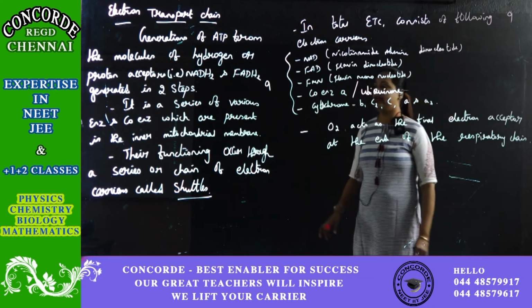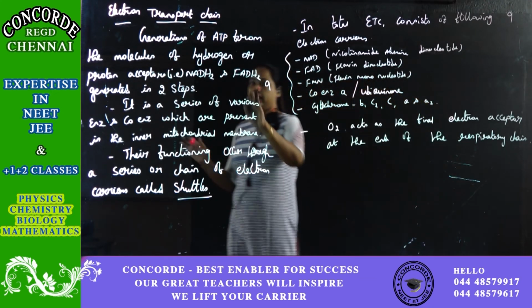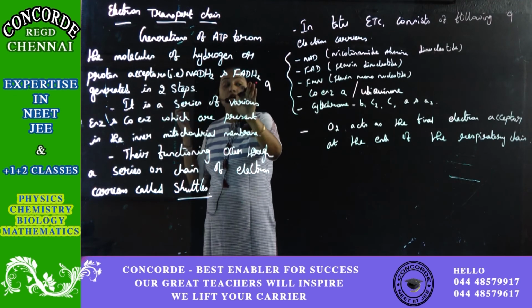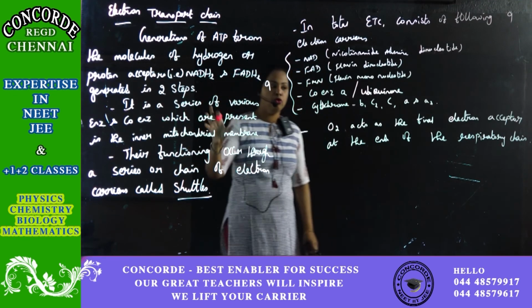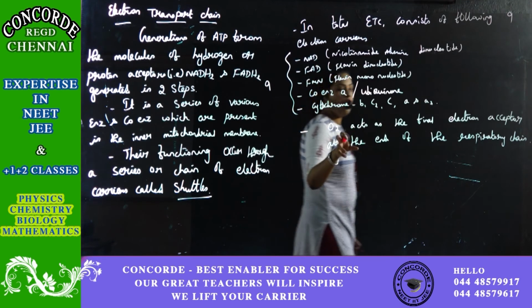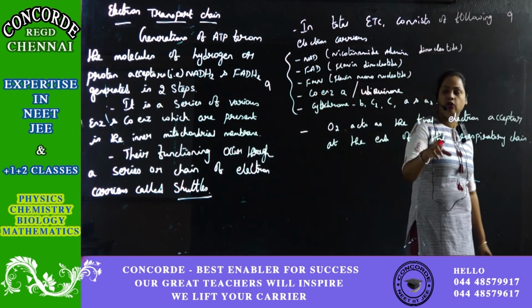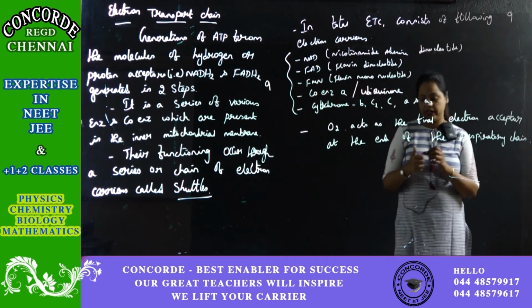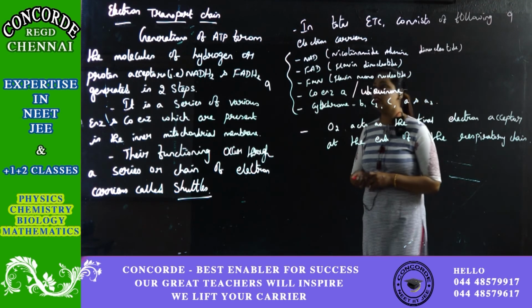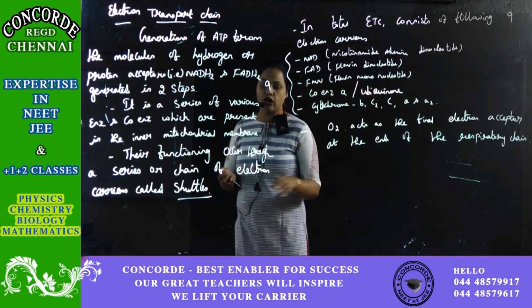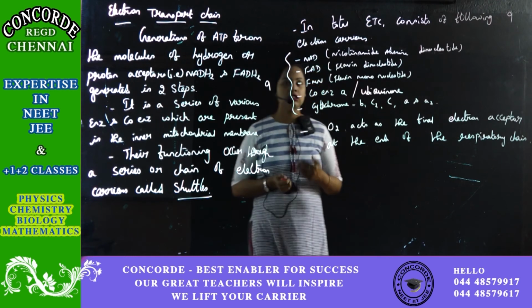So what happens is, when these protons are removed along with the electrons, oxygen acts as the final electron acceptor at the end of the respiratory chain. It means once carbon dioxide is removed in the decarboxylation, oxygen will remain.